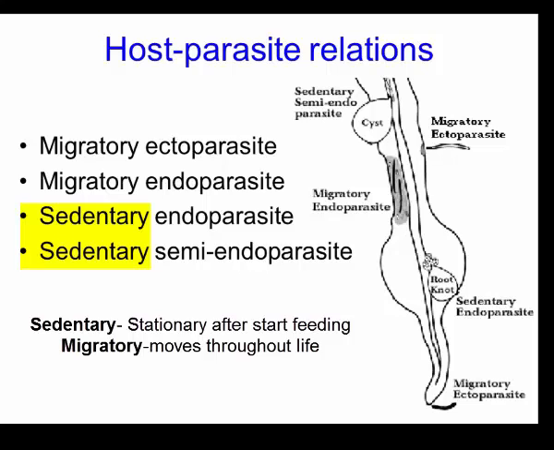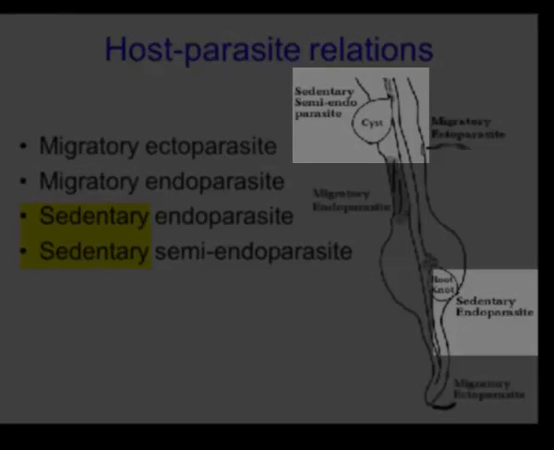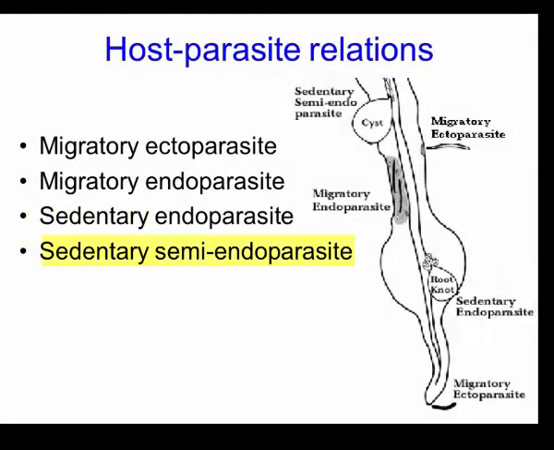Whereas the sedentary forms, once they start feeding, they swell to become greatly enlarged, such as a root knot here, or a cyst nematode here, these very large pear-shaped spherical structures that we refer to as either semi-endoparasitic, such as a cyst where part of the body is exposed, or simply a sedentary endoparasite, such as root knot, where the female is completely embedded in the host tissues. So nematodes mostly feed on roots, but we have those that are adapted to foliar tissues, vascular tissues, bulbs, and cores.